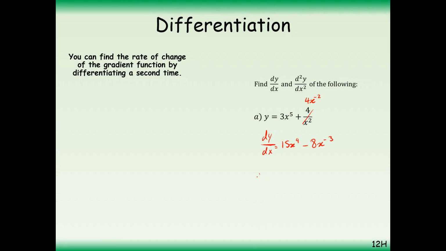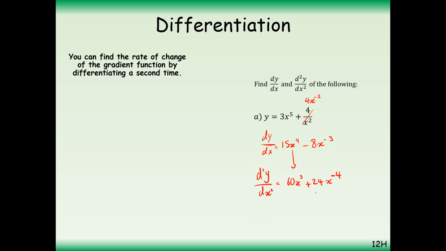Now, the second order means that you're differentiating the line above with respect to x. You're just going to apply the power rule as normal. 4 times 15 is 60, x will get a power of 3, and minus 3 times minus 8 is a positive 24, and x will be to the power minus 4.